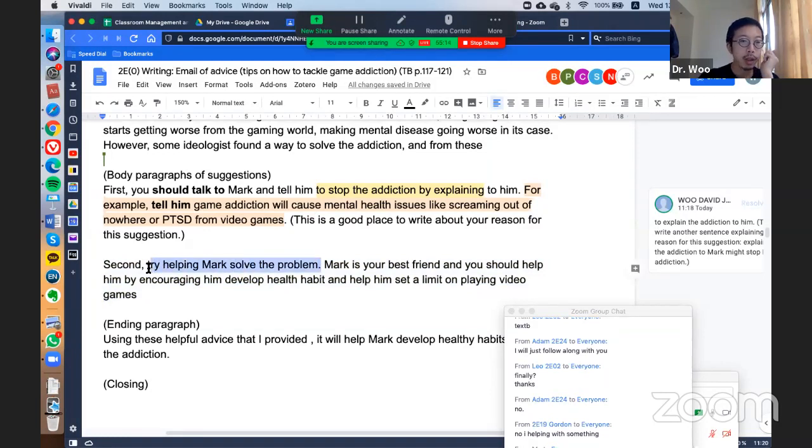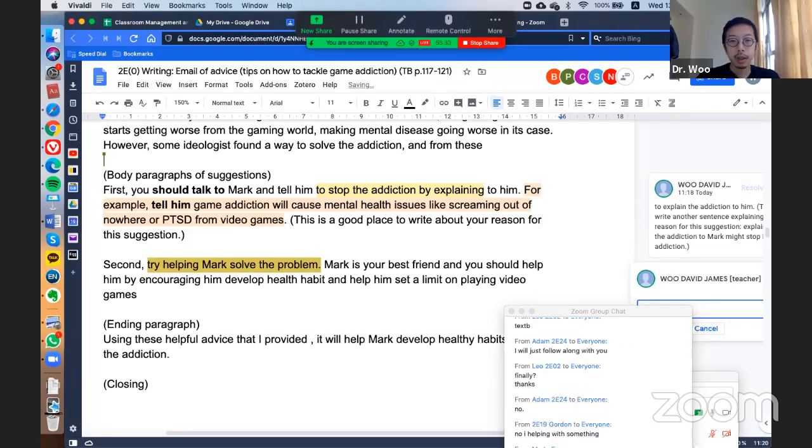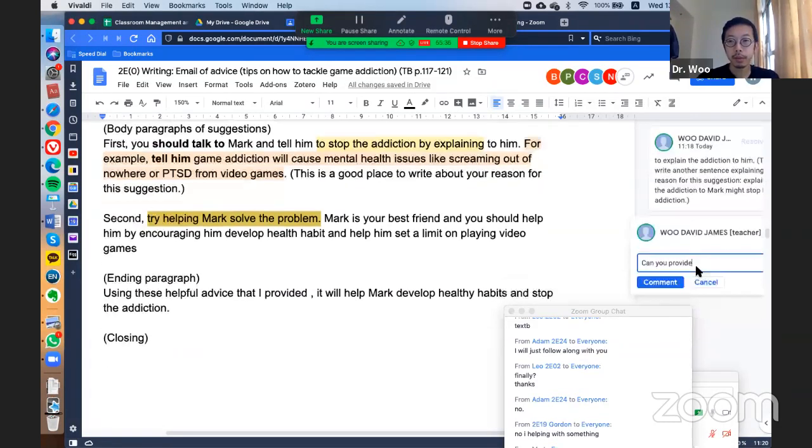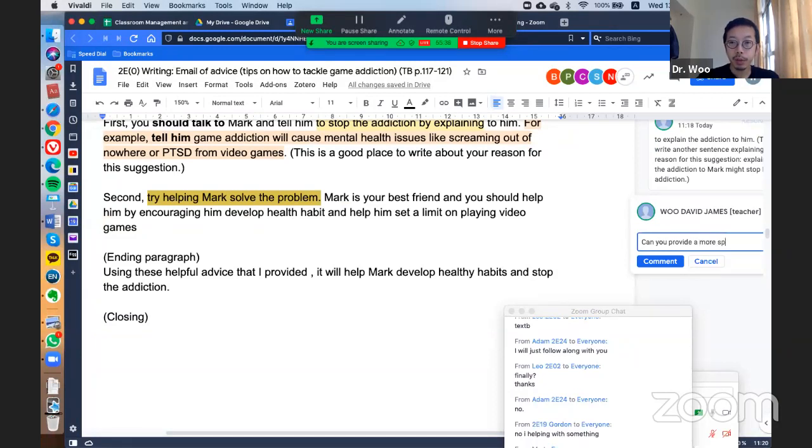Now, I think, Bosco, you need something more specific, because isn't this entire situation seriously annoyed boy trying to help Mark solve the problem? Can you provide a more specific suggestion? Because isn't the entire scenario about trying to help Mark?